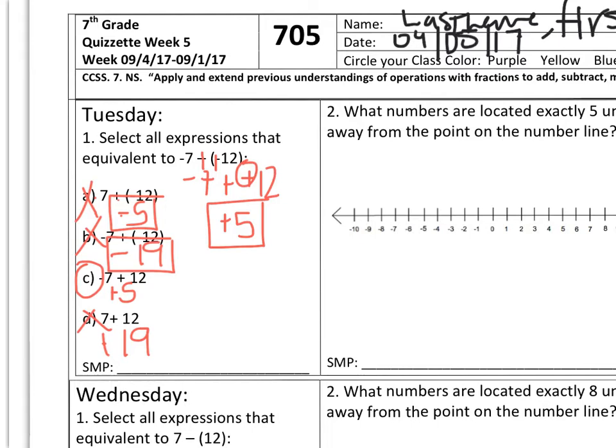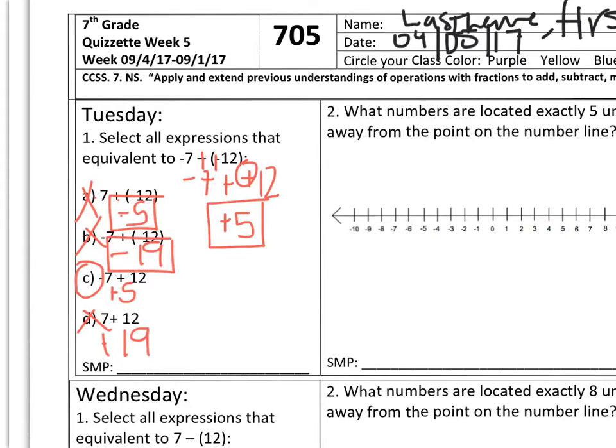If you guys notice, there's a new thing on your Quizzette that says SMP. Look at your label and try to figure out what SMP you used. For this problem, I would say that we used SMP 8, which says look for and express regularity in repeated reasoning. So our repeated reasoning here is equivalency. We were trying to find an expression that was equivalent.